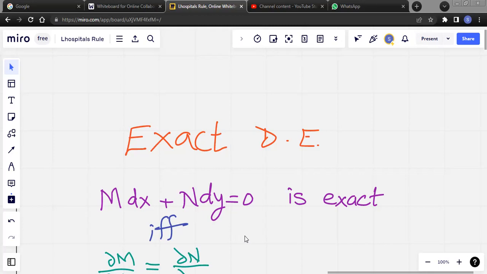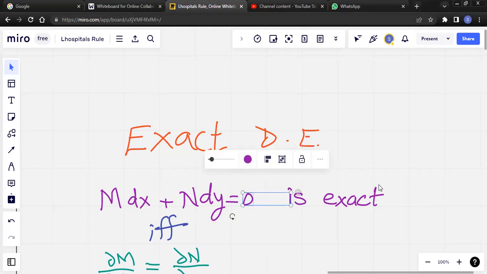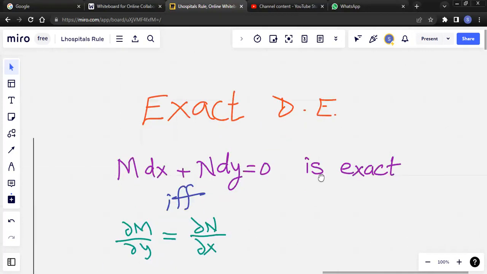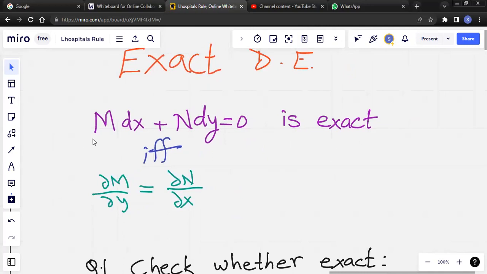The condition for exactness can be stated as: M dx plus N dy equal to 0 is exact if and only if the partial derivative of M with respect to y equals the partial derivative of N with respect to x.